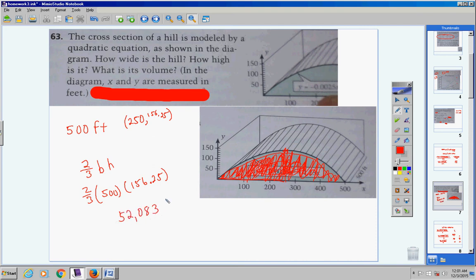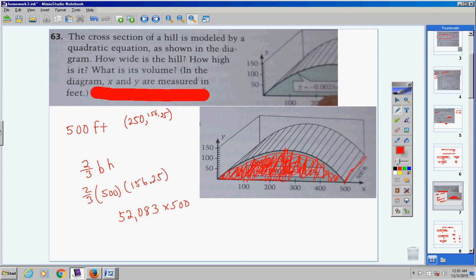Now, that is the area of the flat surface. To find the volume, we're going to multiply it times the height of this entire thing, since we picked it up and laid it on this face right here. So take the area of the shaded area times the height, 500.